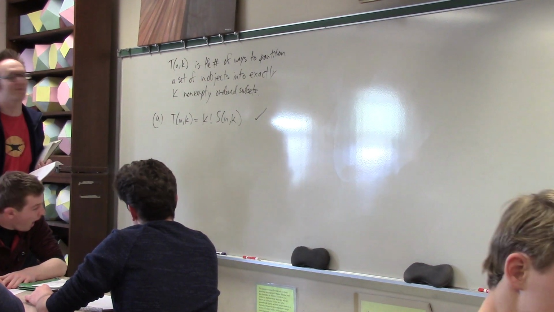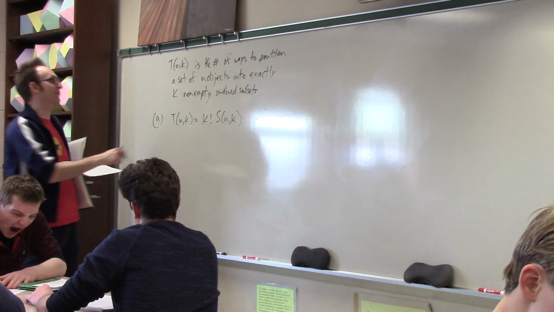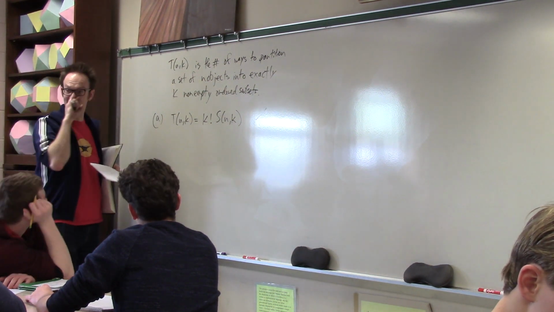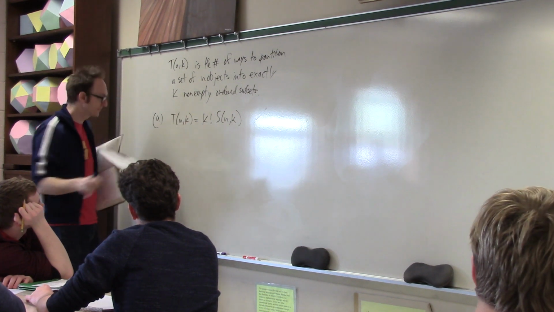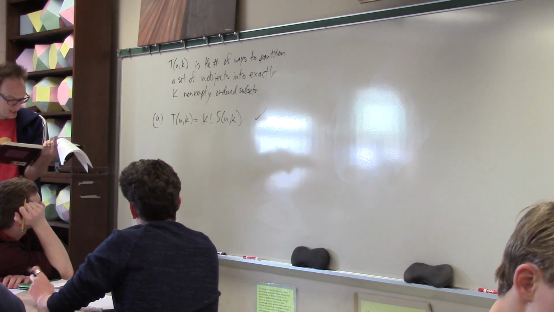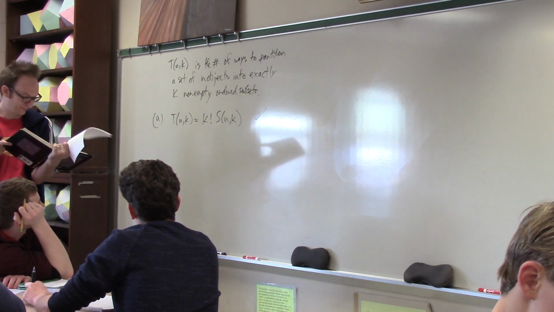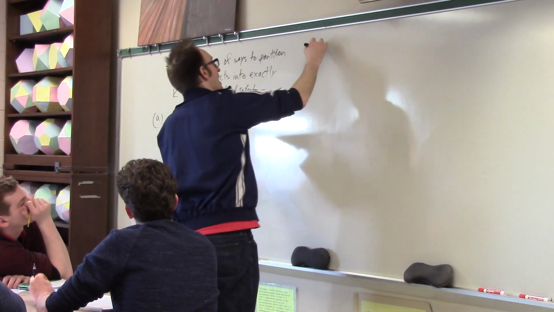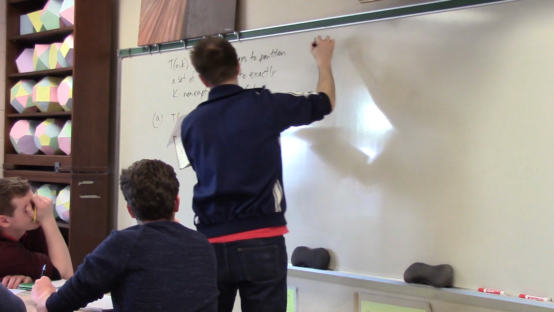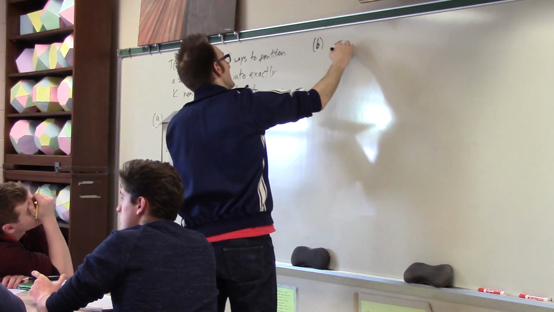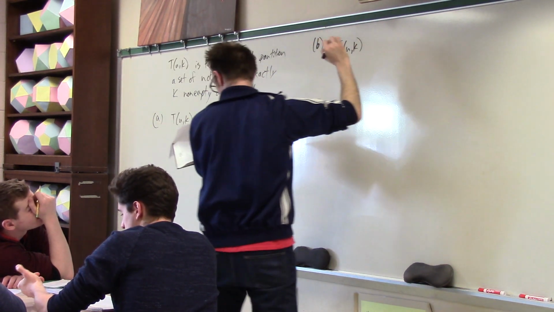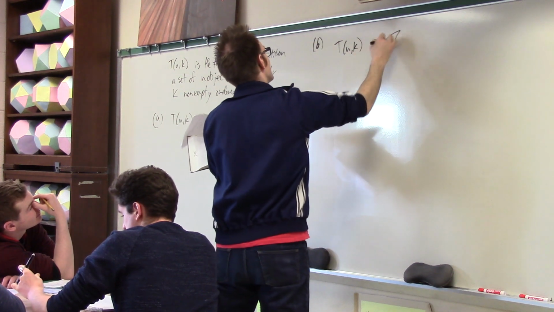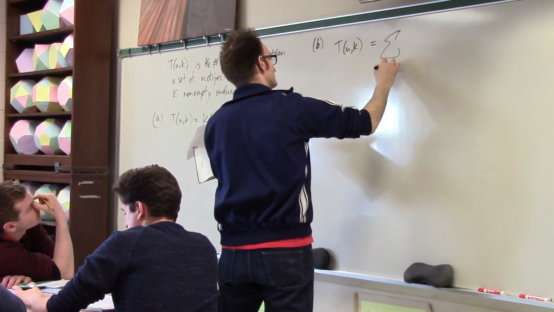And do you see that if I can somehow get an explicit formula for T(n,k), then I'll have a formula for the Stirling numbers, right? So the bulk of the proof, or the only real part of the proof to do, is this explicit formula for T(n,k). I put explicit in quotes because it involves summations and alternating signs, and it doesn't seem particularly awesome to me, but explicit, though.